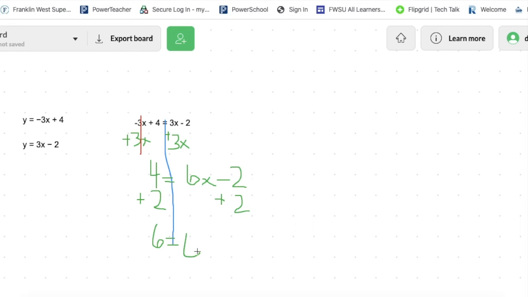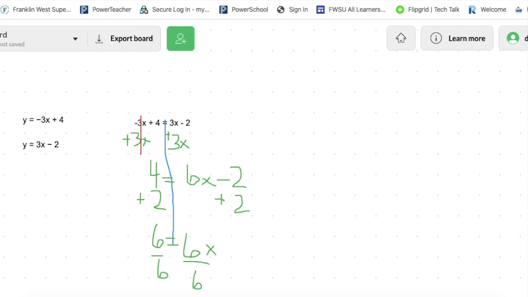And so the thing we need to realize, in order to do this step, is that when you have a number smushed up right next to a letter, that number is the coefficient, that letter is the variable. And when they are right next to each other with no space or symbol in between, it is always multiplication. You forever will always be able to assume that that is a multiplying relationship. And so how do we undo multiplication?